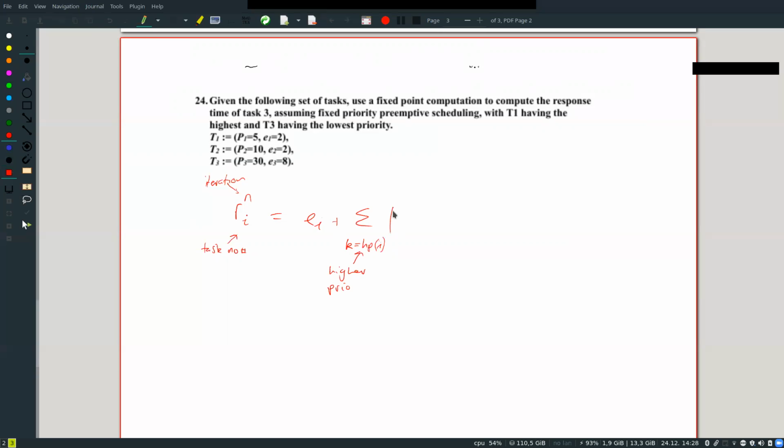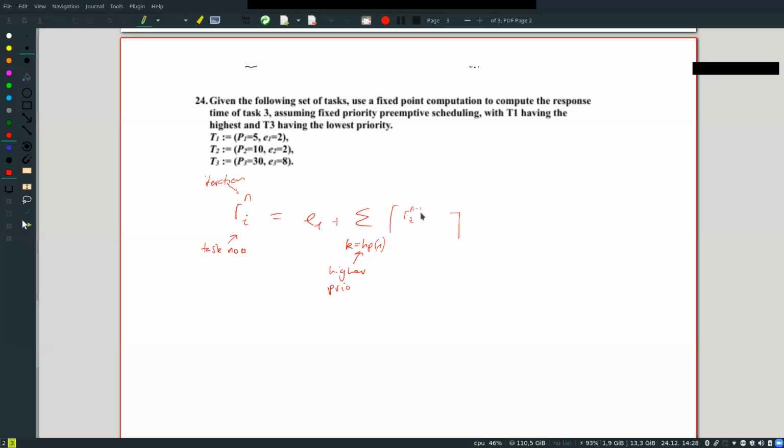And what we do is we take the ceiling, meaning that we're rounding up to the next integer. We don't want a response time of 0.2 or 0.1; 0.2 would become 1, 0.1 would become 1, just like 0.7 would become 1. So we take the response time of the previous iteration, the response time of task i at n minus 1. This is where the iterative calculation comes in, because the formula uses the response time of the previous iteration.